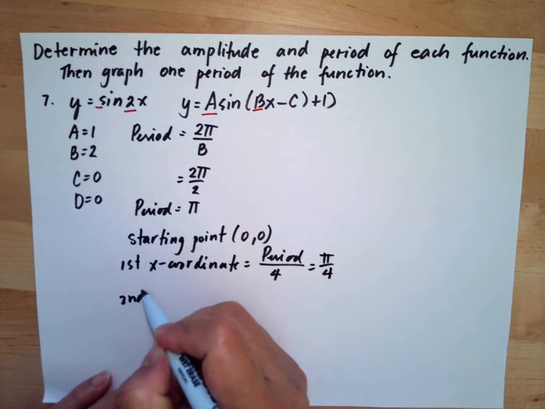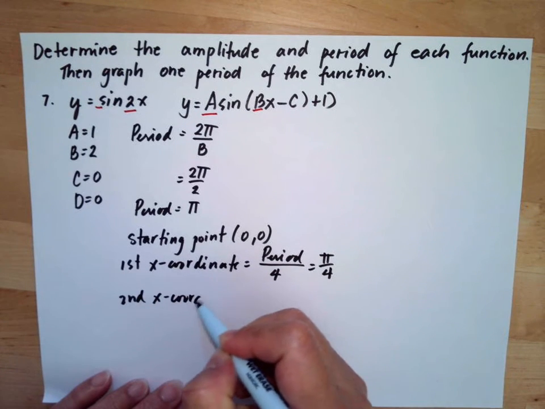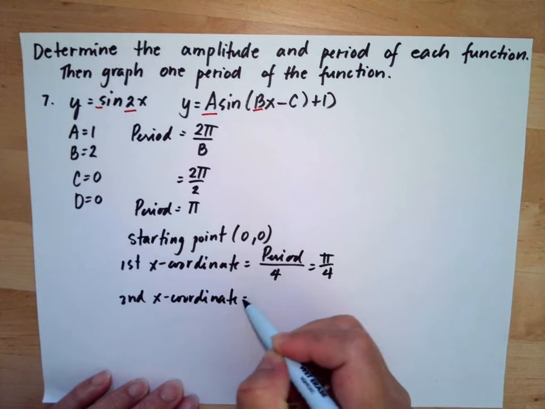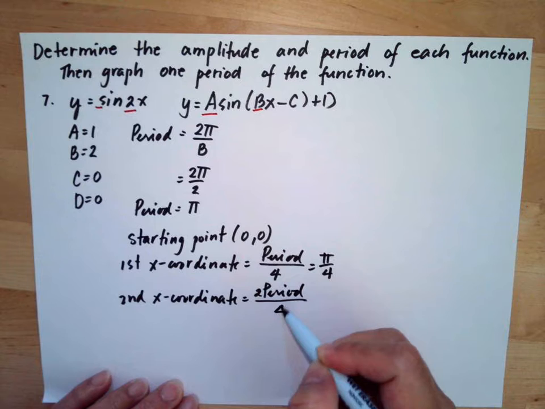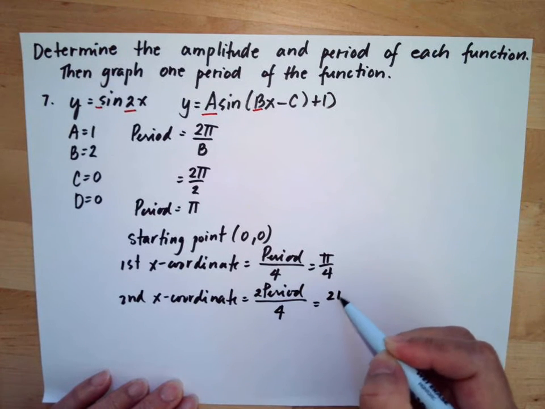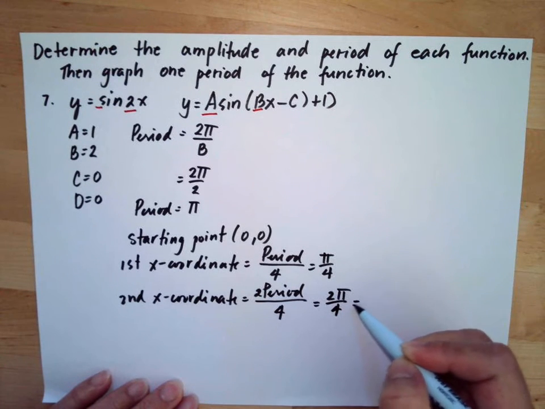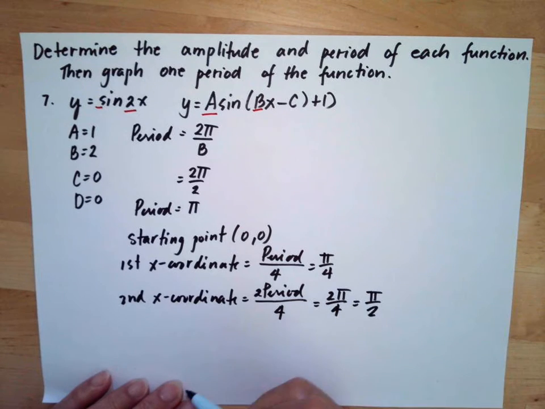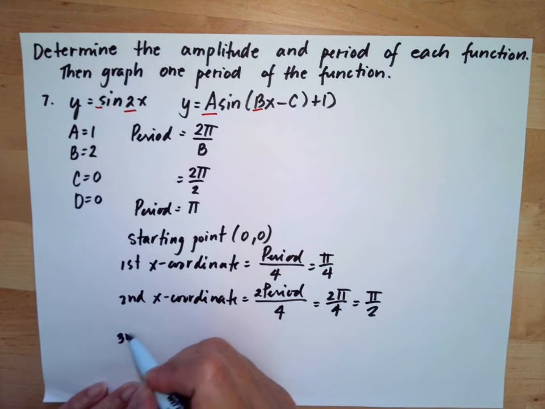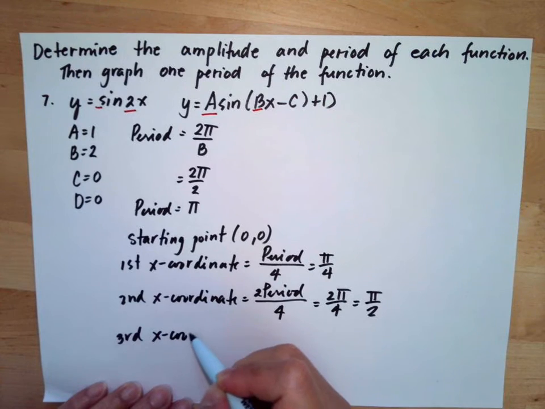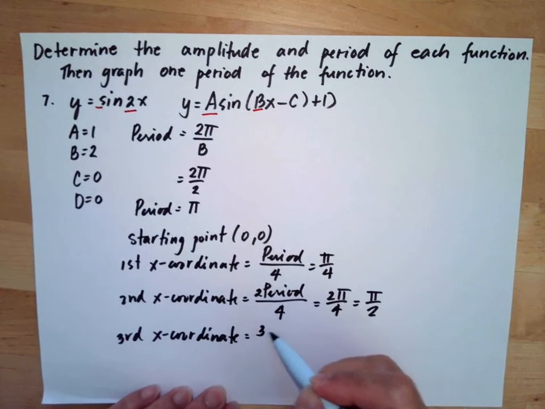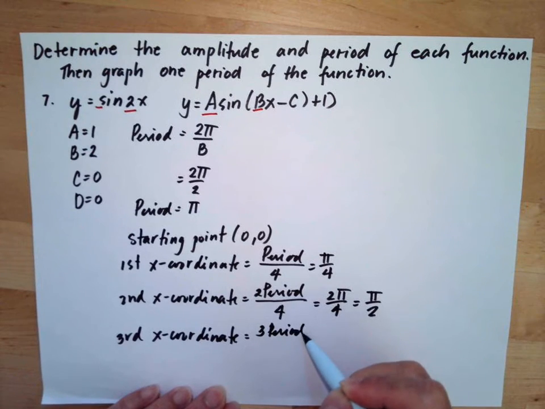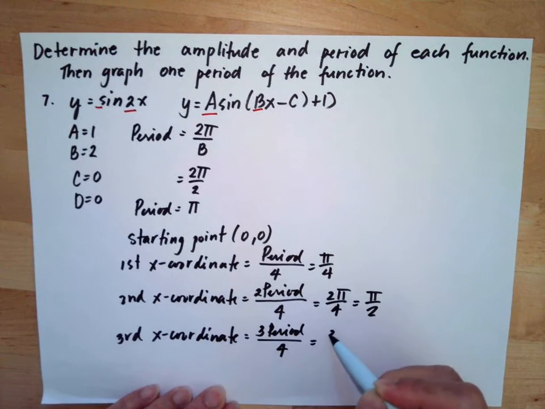Then, the second x coordinate is equal to twice the period over 4, so that will be twice pi over 4, and this can be simplified to pi over 2. Then the third x coordinate is equal to 3 times the period over 4, so this is 3 multiplied by pi over 4.